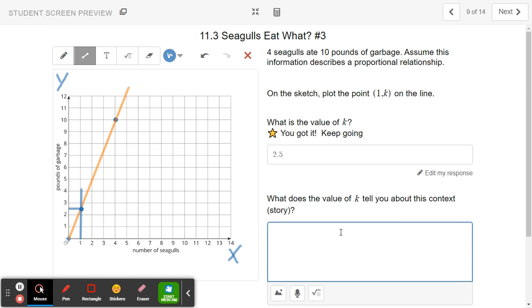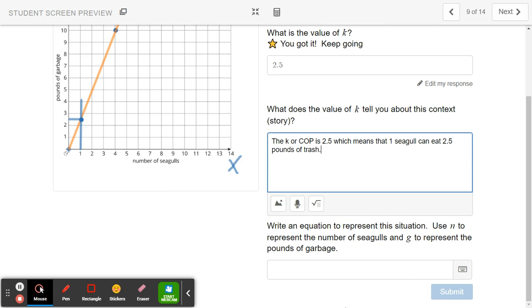So the K, and I'm going to say or COP, is 2 5/10, which means that 1 seagull, because that's the x, right? The x is showing number of seagulls, can eat 2.5 pounds of trash or garbage. Okay. So that's actually what it's telling me in the story.